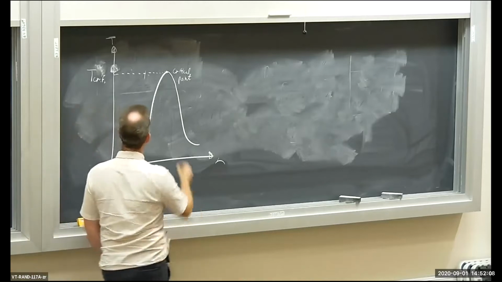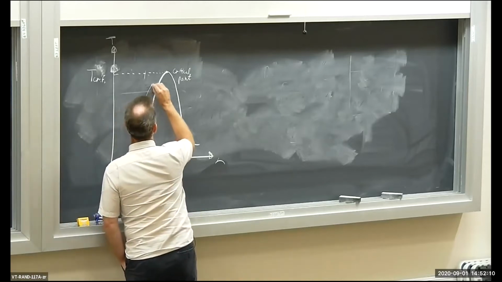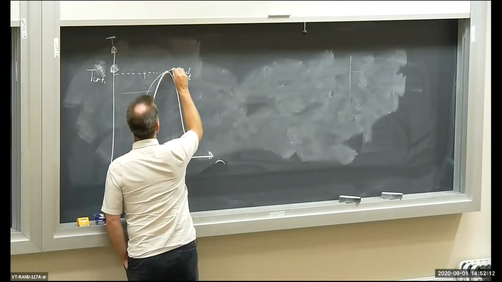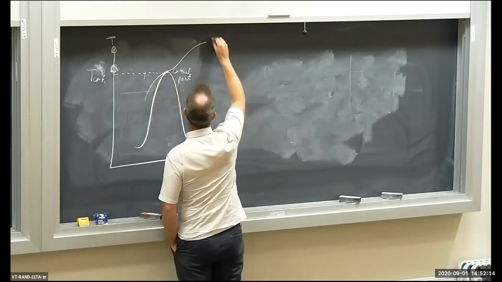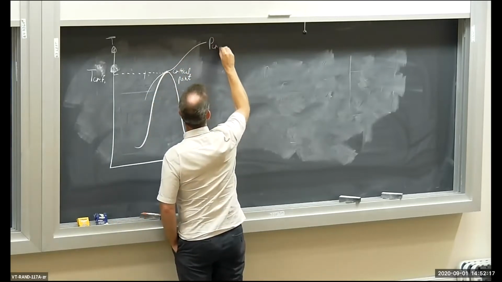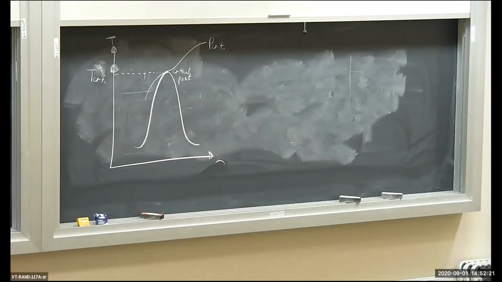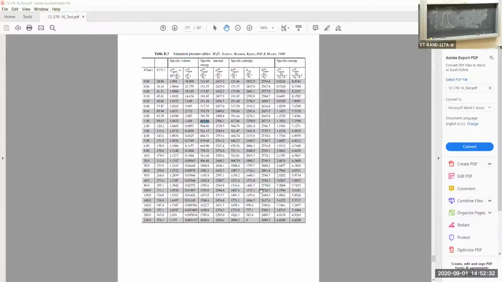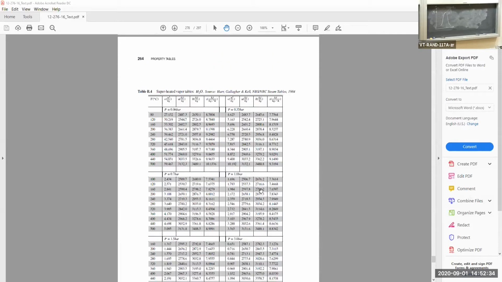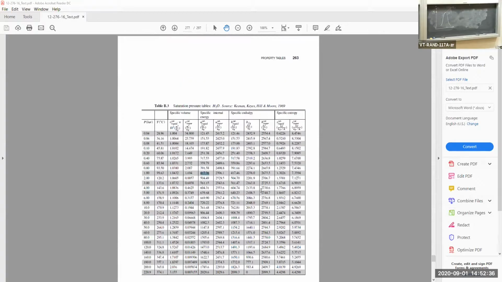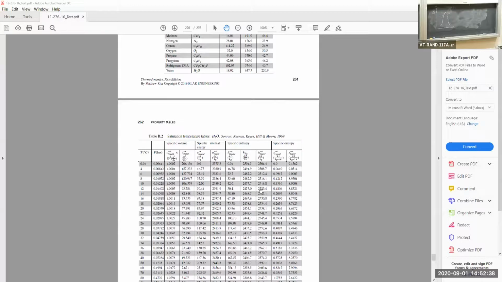And there's also an isobar that goes right through the very top of the dome. So this is the P critical isobar. Okay? And if you recall, where do we get these critical temperatures and pressures? Let's have a look. So we got our superheated vapor table, saturation pressure, saturation temperature.